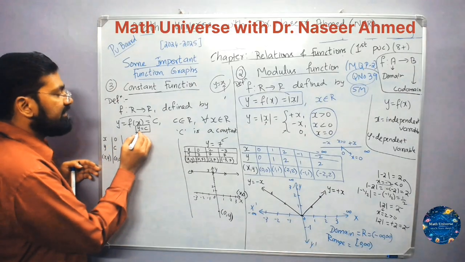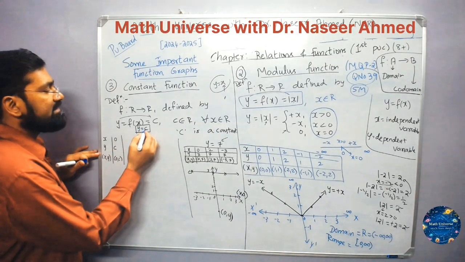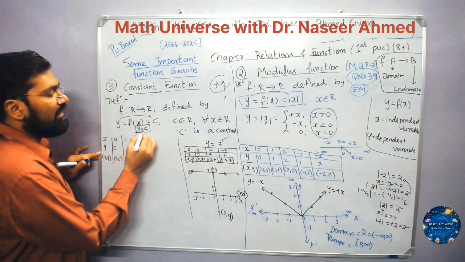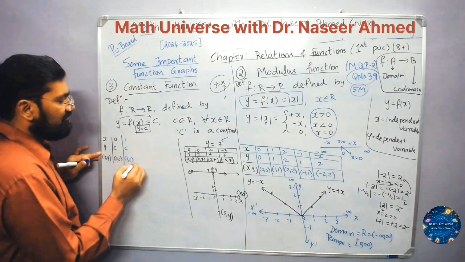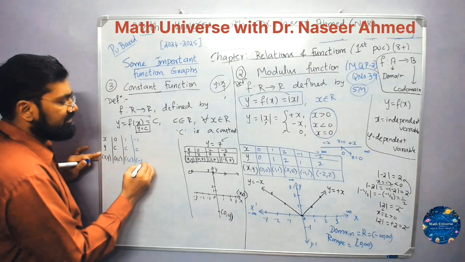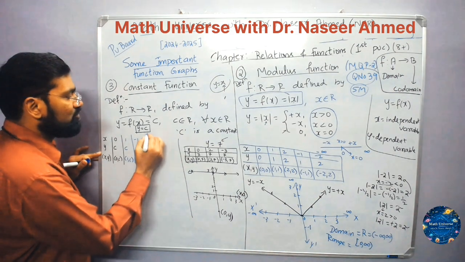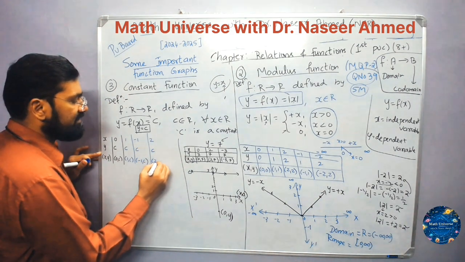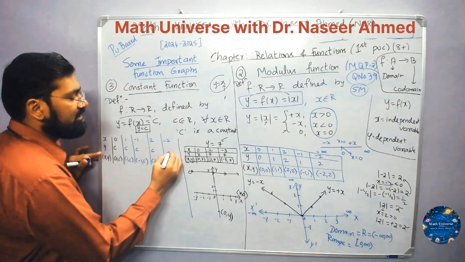Next, if I take x is equal to 1, do we have x here? No. So c remains c, 1 comma c. When I take x is equal to minus 1, again here it is c, same logic as I just said. If I take x equal to 2, y is again c, so 2 comma c. When we take x is equal to minus 2, it's again c.